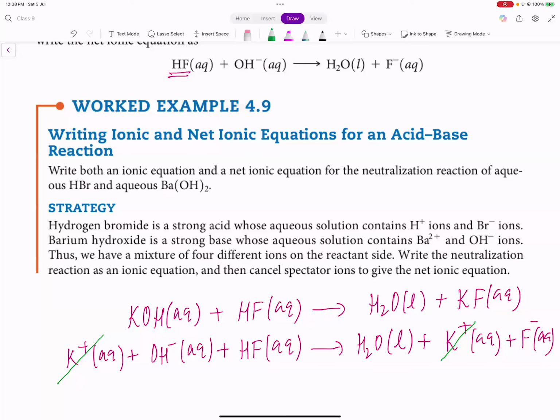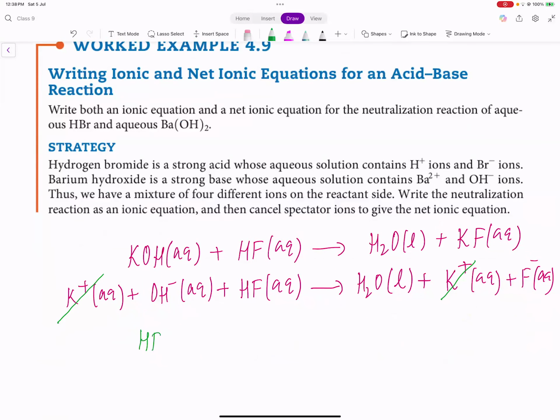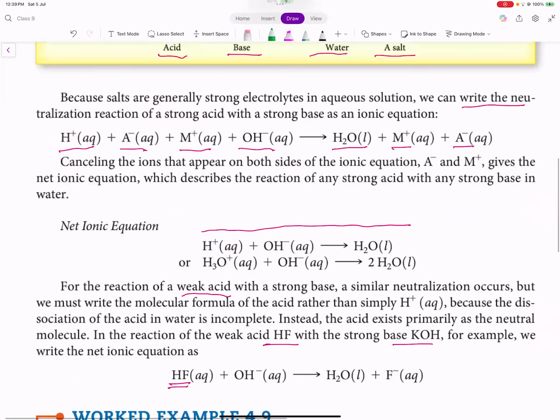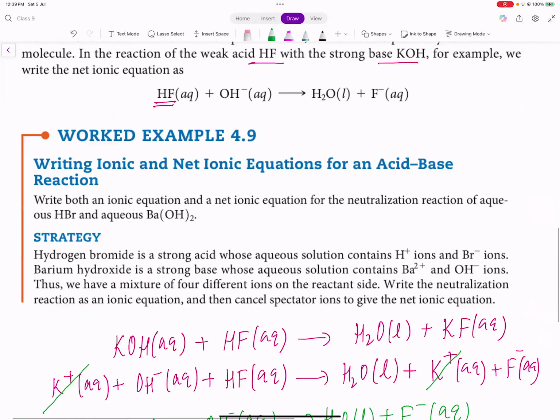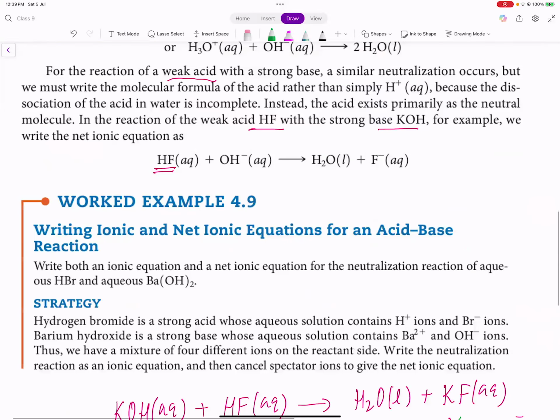And finally, I'm going to get HF aqueous plus OH- aqueous giving H2O liquid plus F- aqueous, right? So this is how we are going to do it. See, this is what they have written: HF aqueous plus OH- aqueous, H2O liquid plus F-.